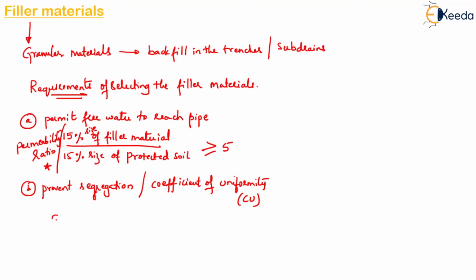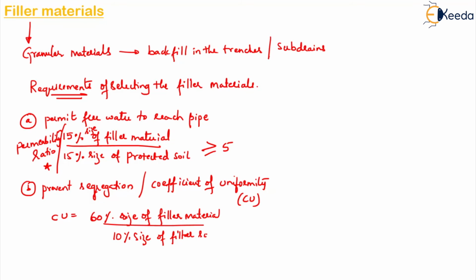This is given by 60% size of filler material by 10% size of filler material, which should be less than or equal to 20. If you want to reduce the segregation of the filler material, we have to make sure that the filler material is moist enough, or it should be in the moist state.